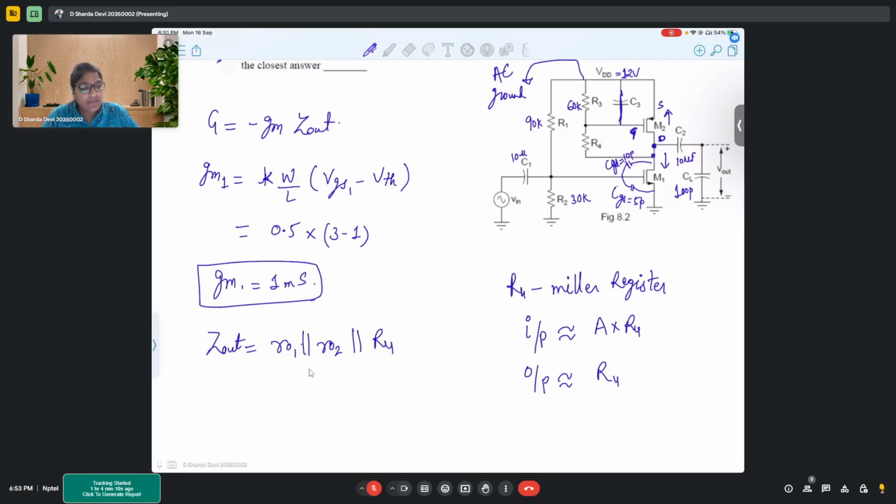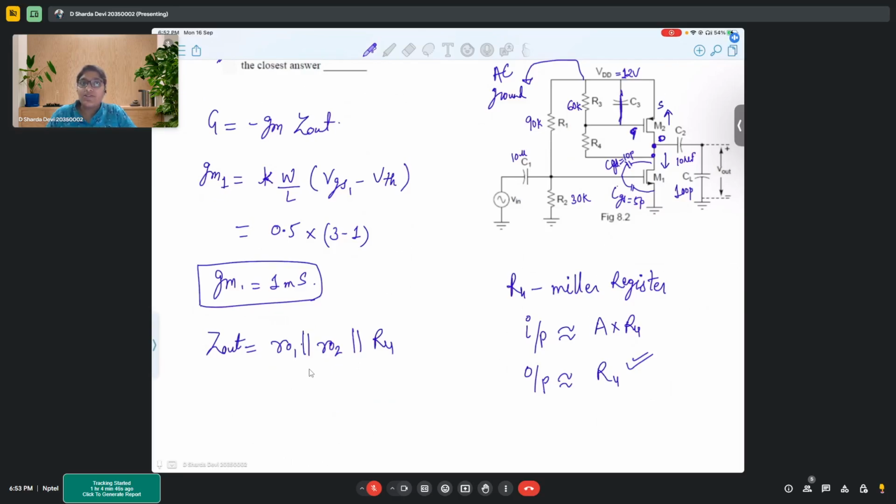And since we want it at the drain terminal, which is the output terminal, the approximate resistor would also be R4. But this particular resistor is a Miller resistor for M2. So which gain will it be? It should be only of transistor 2.